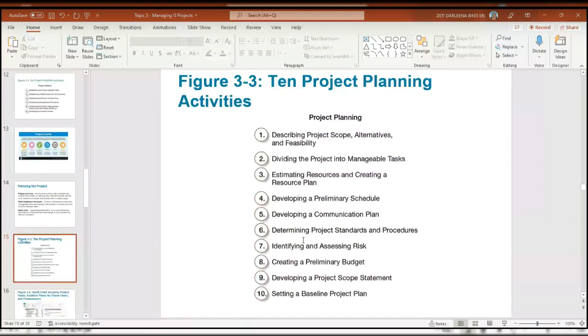So developing a communication plan, determining project standards and procedures, identifying and assessing risk. Ini pun penting, sangat-sangat penting. Kalau mana-mana proposal sekarang ni, kalau kita hantar, dia mesti kena identify risk, supaya ia bukanlah yang menjadi faktor kegagalan.